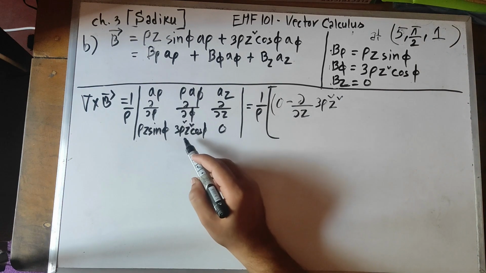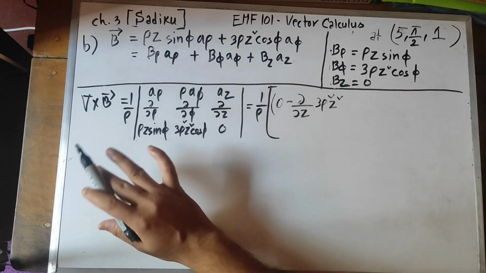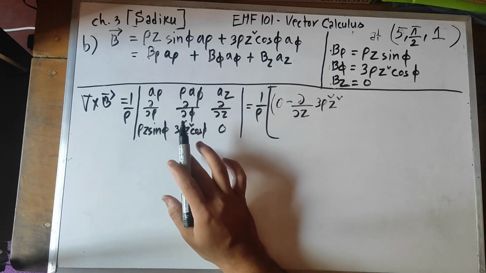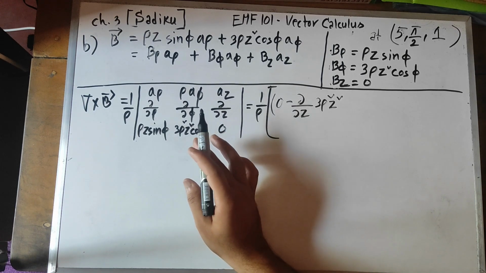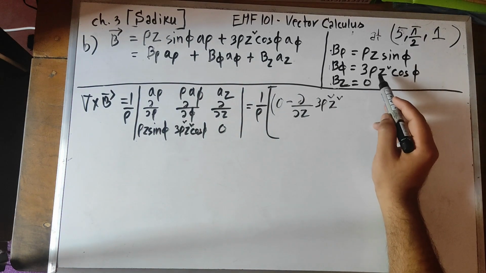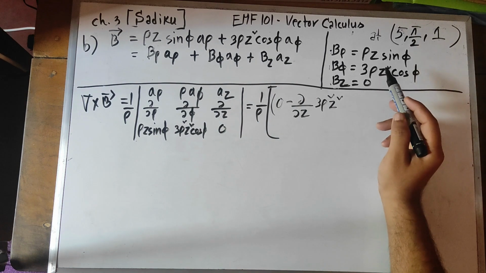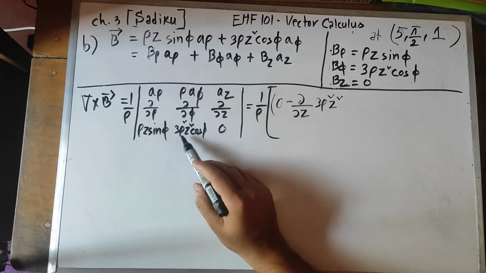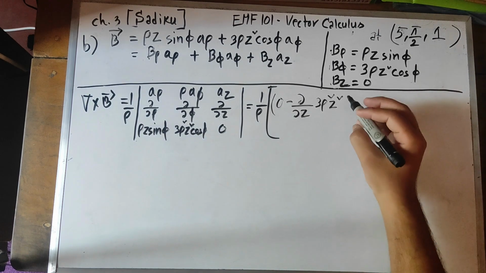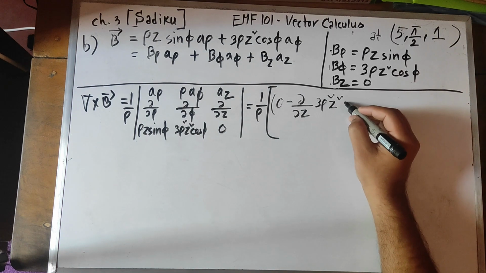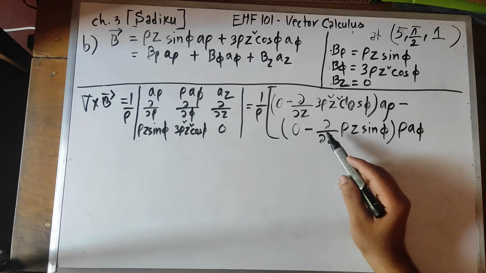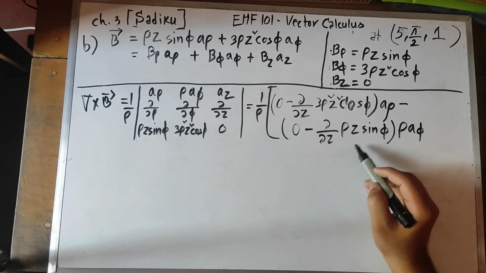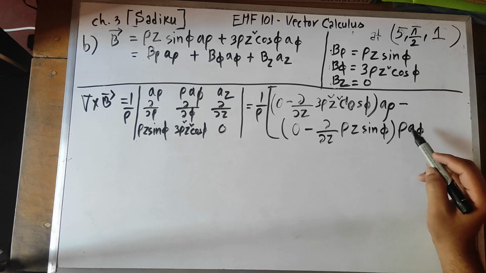Here this component in this vector multiplication will be rho b phi. So b phi is 3 rho z square cos phi, and multiplied by rho it is 3 rho square z square cos phi. So 3 rho square z square. So here again 0 minus partial differentiation with respect to z of rho z sin phi in the direction a phi.